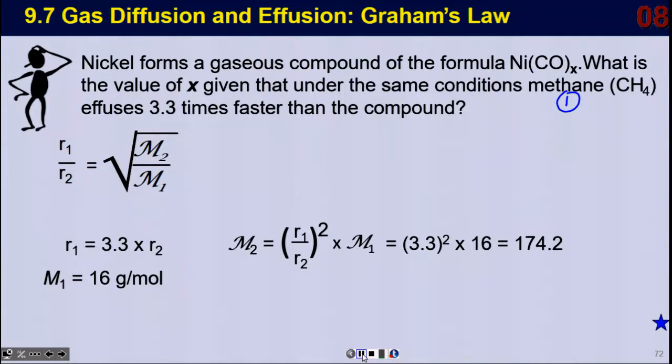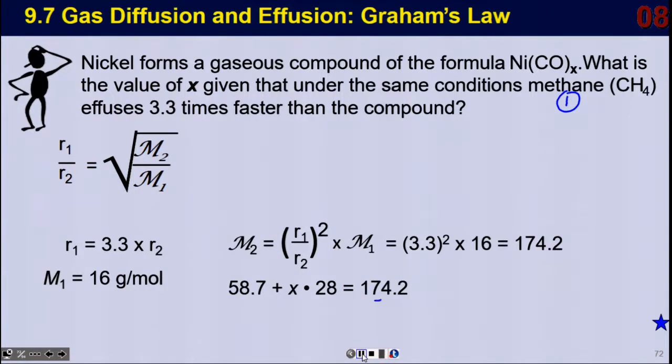So given that, how do we determine how many carbonyl CO groups are on this nickel compound? Well, think about it. The molar mass of nickel is 58.7, so only part of that 174 is the nickel.